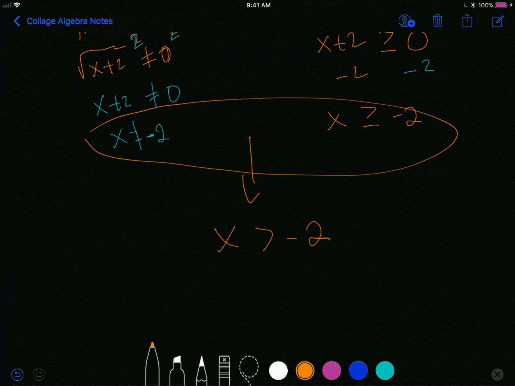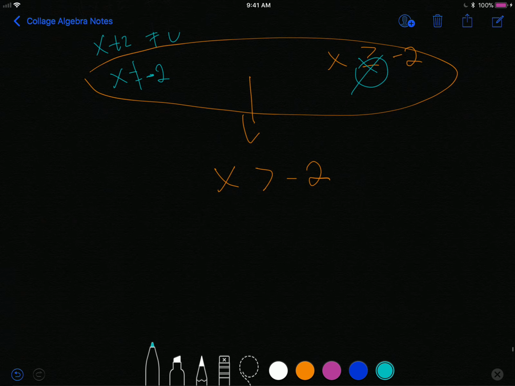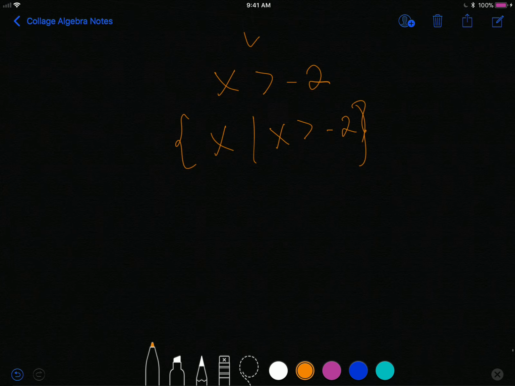Very simply, the fact that x cannot be equal to negative 2 overrides the equal sign and causes it to get thrown out. And so therefore, your domain is x such that x is greater than negative 2, in curly brackets.